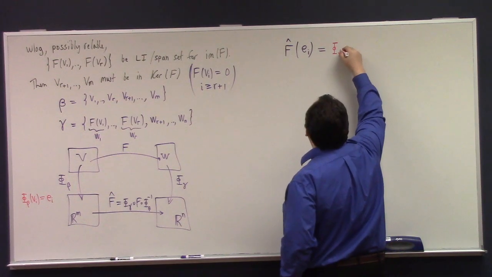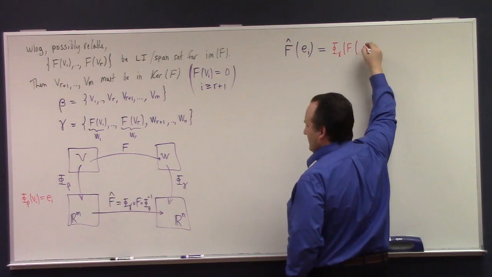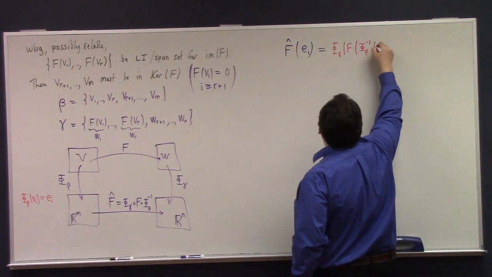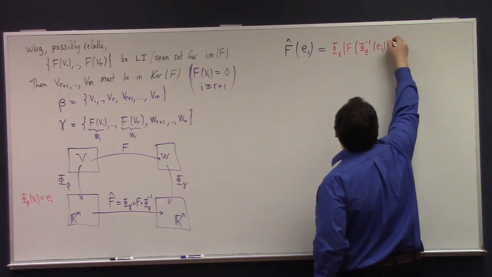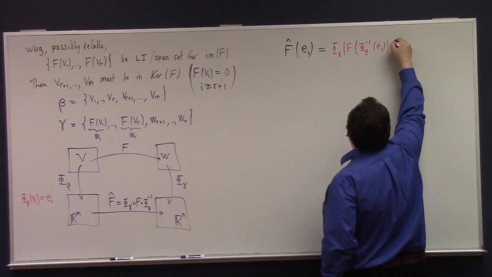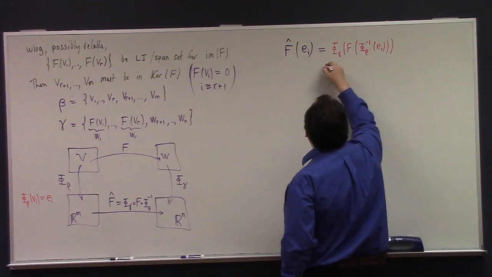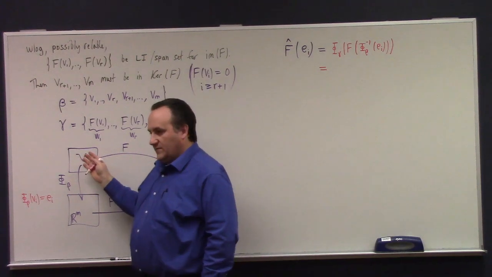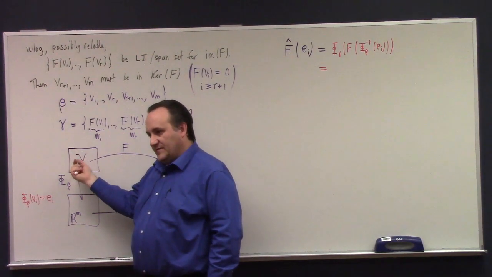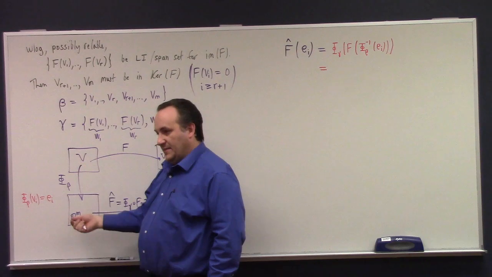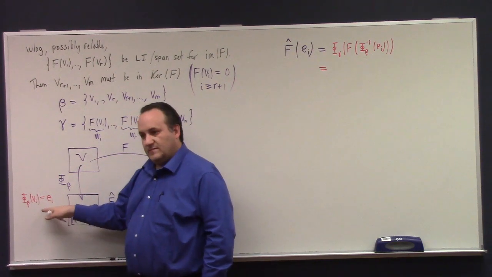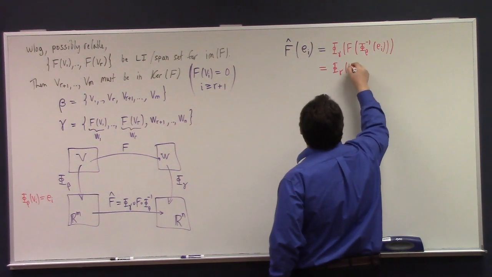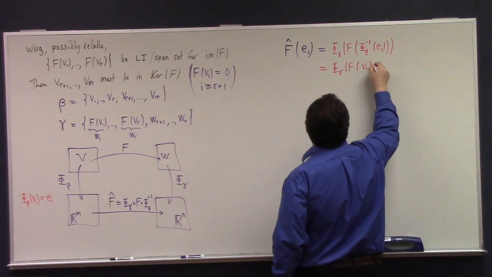Phi gamma of f of phi beta inverse of ei. Okay, so what is phi beta inverse of ei? The definition of the coordinate map is that it converts the abstract basis to the standard basis. So this is vi. So we have phi gamma of f of vi, right?